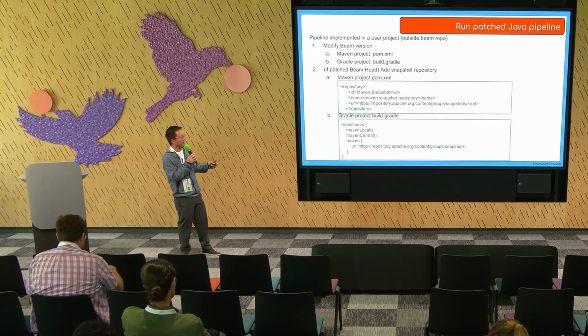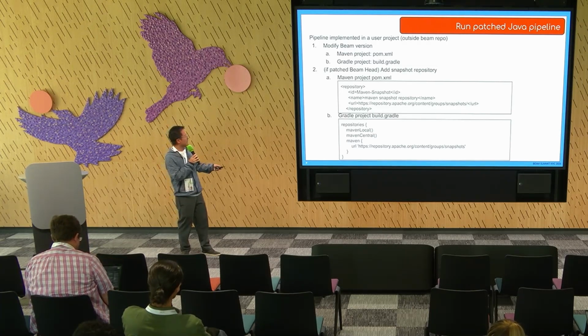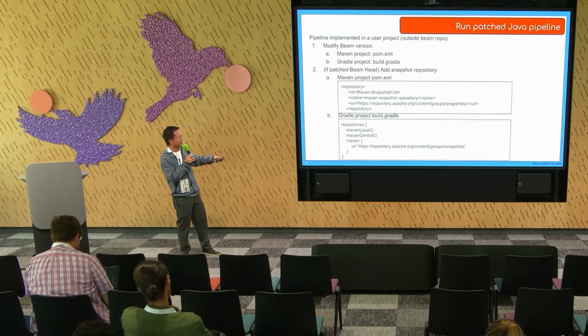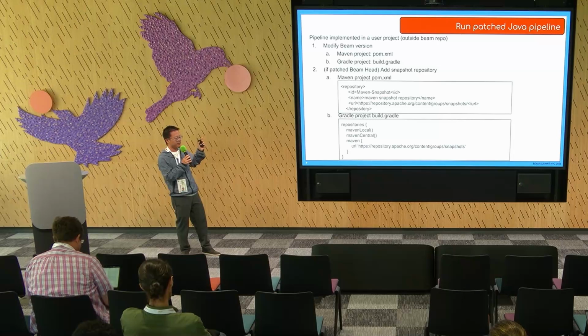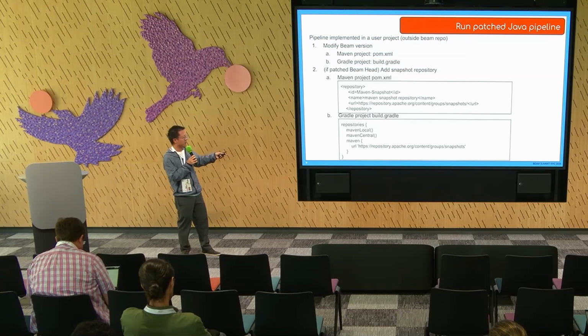The other parts of Beam can come from this snapshot repository. This shows how you add a Maven snapshot repository to either your Maven project or your Gradle project. If you set up your project from the Apache Beam Maven archetype, then it is a Maven project. If you check out your code from the Beam starter Java that I showed you, it supports a Gradle project.